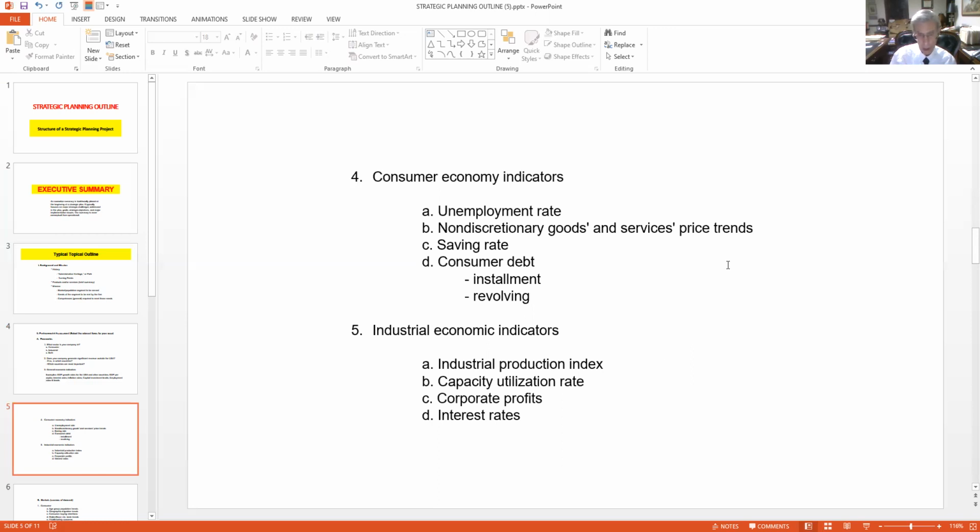So employment levels make a good item to measure. The price trends for items that are not discretionary. There are some items that we have to purchase before we can buy other things because we like them.